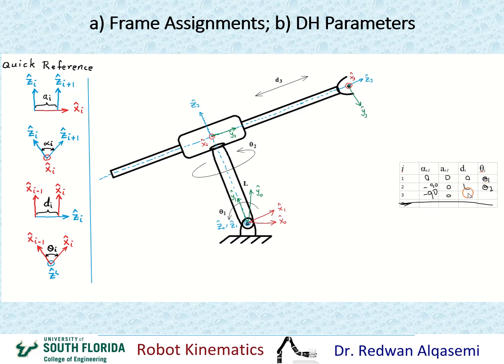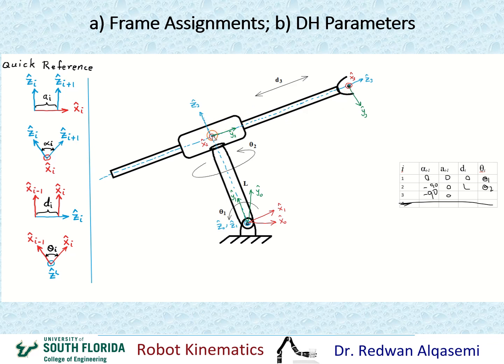Okay, now for the last line here, I'm going to look at i equals 3. So this is d3 and theta 3. So for d3, I'll be looking at x2 and x3 along z3. This is x2, this is x3, both of them coming out of the board, and the distance between them is this distance.